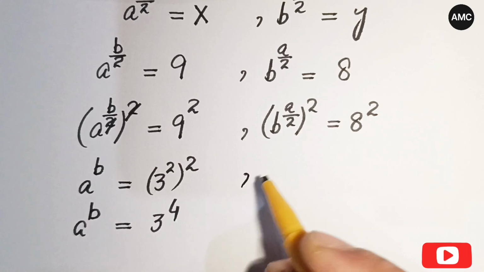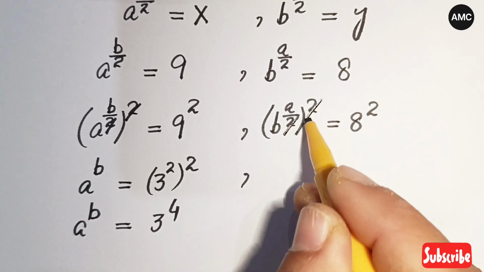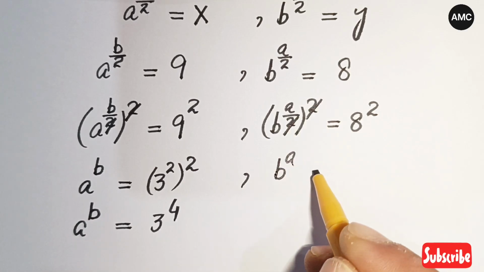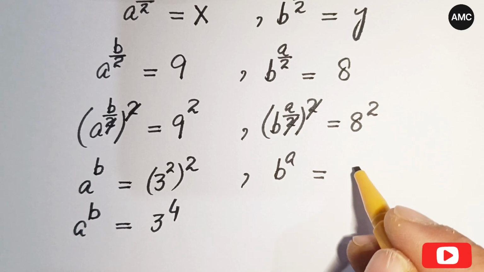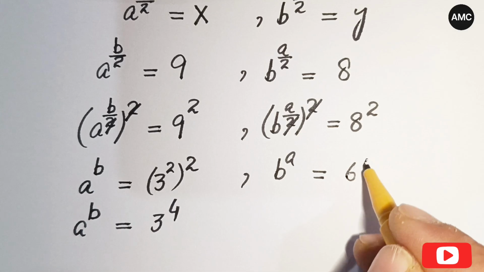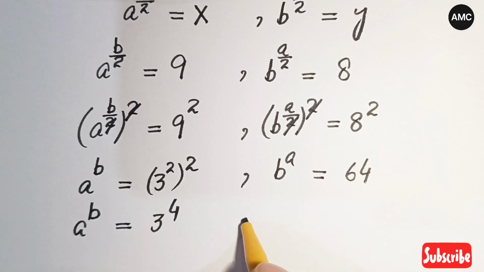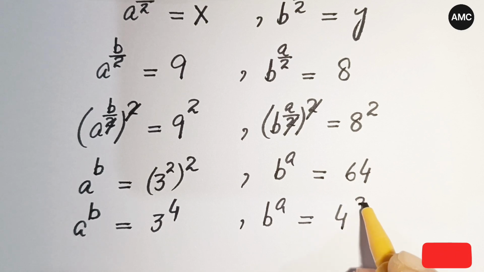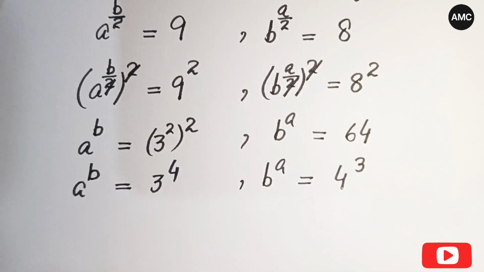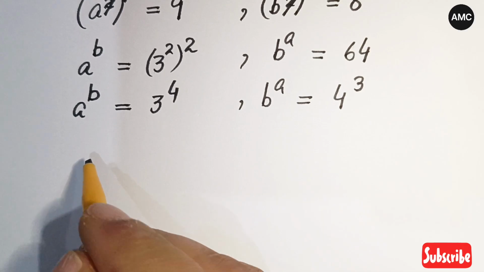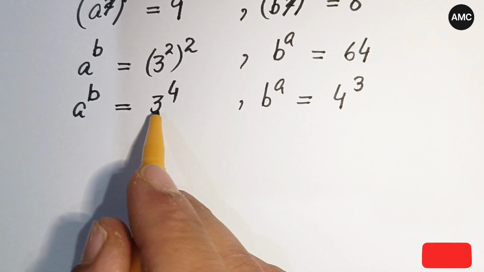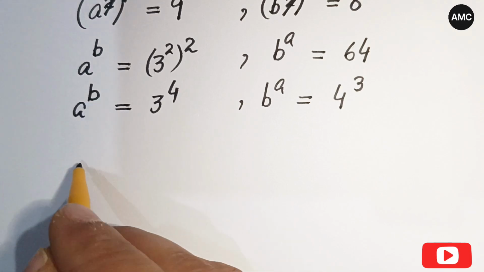Similarly here, this 2 is cancelled, we get b to the power a is equal to 8 squared, we can write it like 64. So b to the power a is equal to 64, which can also be written as 4 cubed. Now from these equations, if we compare bases and powers, we have here base is equal to 3 and power is equal to 4.